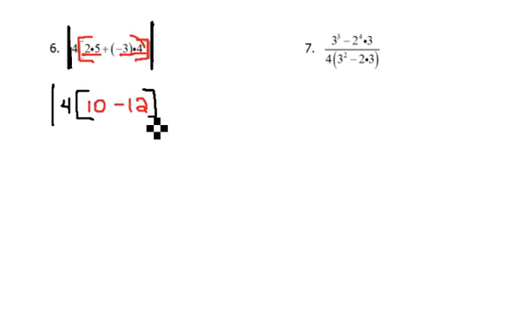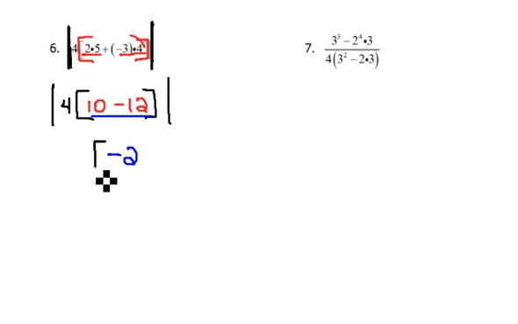Now I'm just recopying everything else, and I'm using colors so that hopefully it'll look a little bit more understandable. Now, within the grouping symbol here, the brackets in this case, we have something again that we can do. We can do 10 minus 12, which is a negative 2.